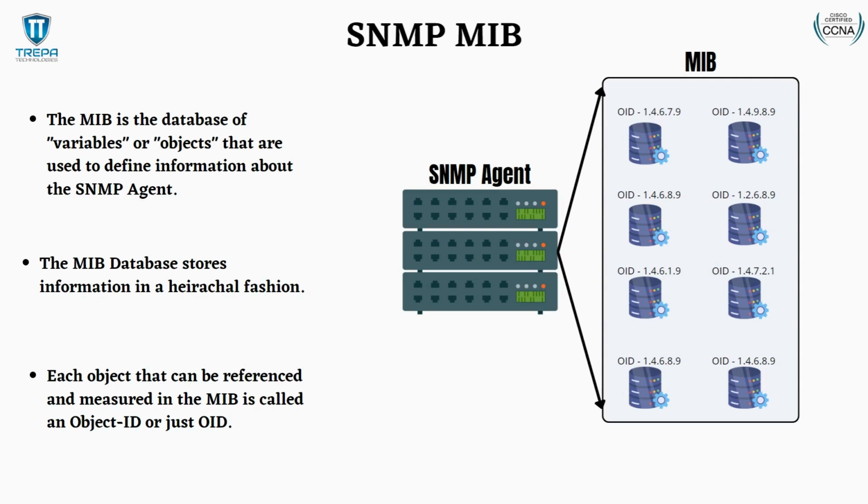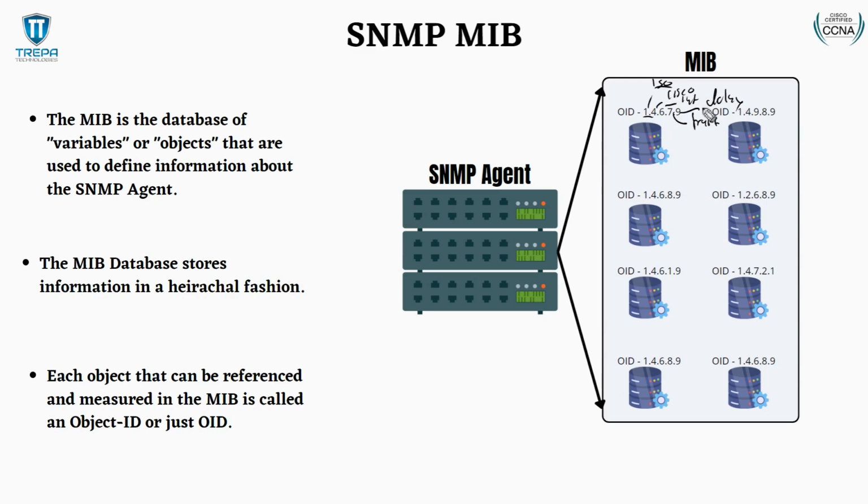The MIB database is going to store this information in a hierarchical fashion, meaning that essentially this one would be the root of that database, and this is going to stand for something broad like, I don't know, maybe International Standards Organization, and then the 4 stands for maybe Cisco, and the 6 stands for like interface, and the 7 stands for like traffic analysis, and the 9 stands for delay, right? So kind of building on top of each other.